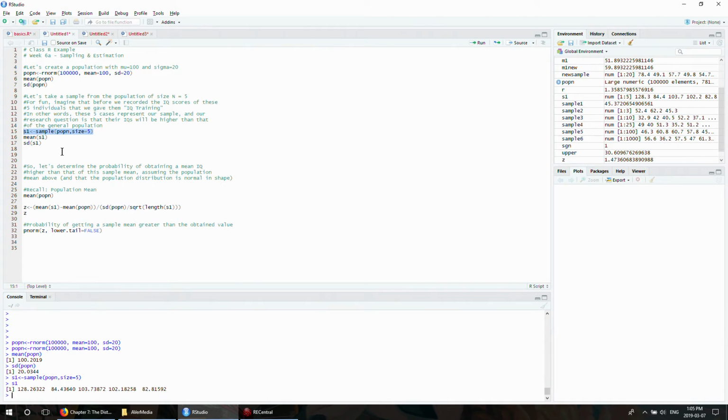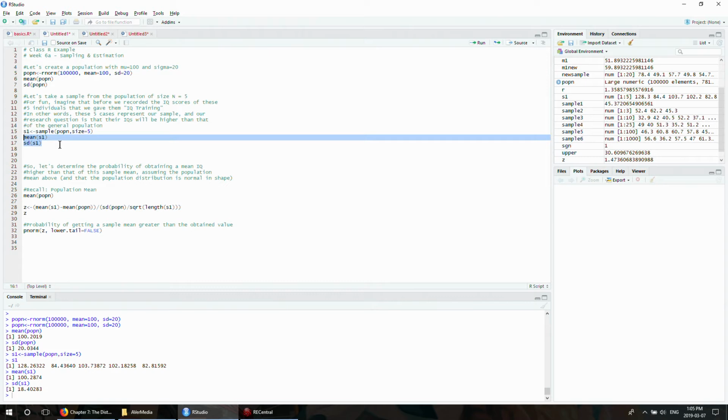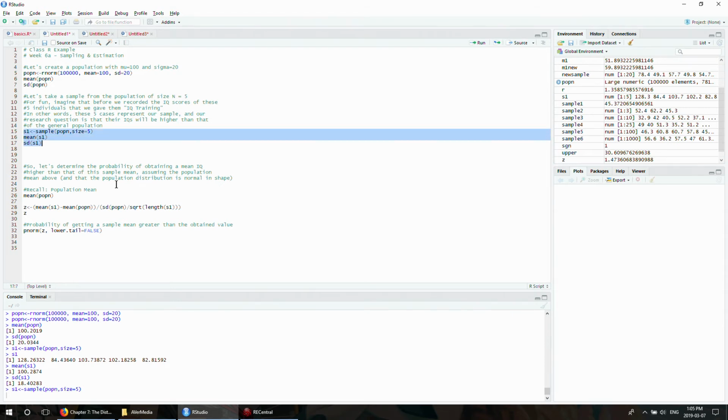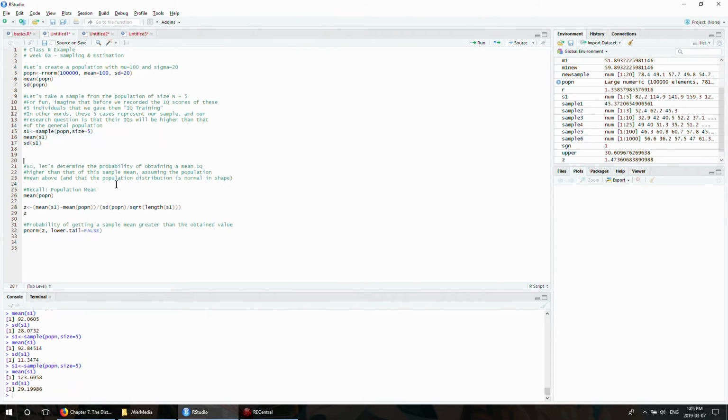Here's our 5 numbers. This one has a mean of 100 and a standard deviation of 18. Not really interesting. Let's do it again. Okay, here we go.